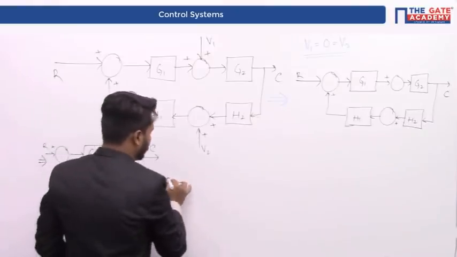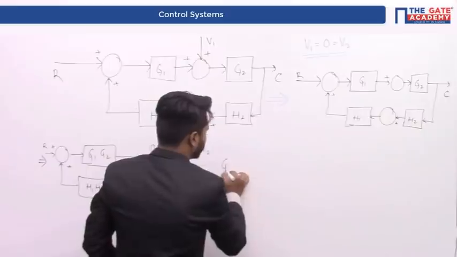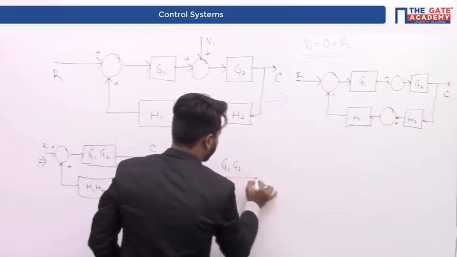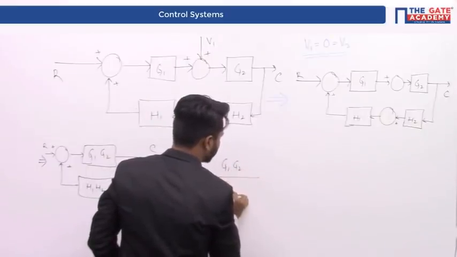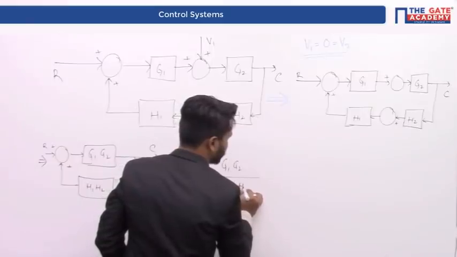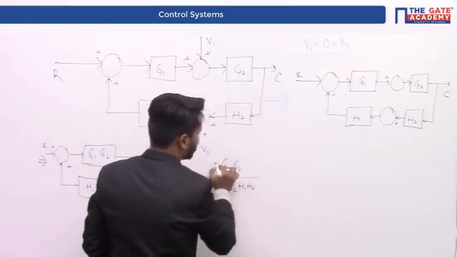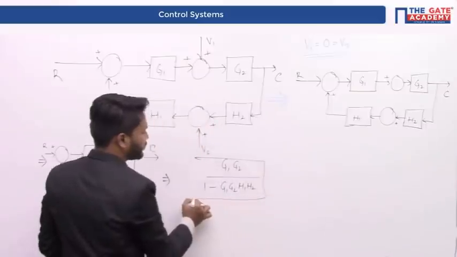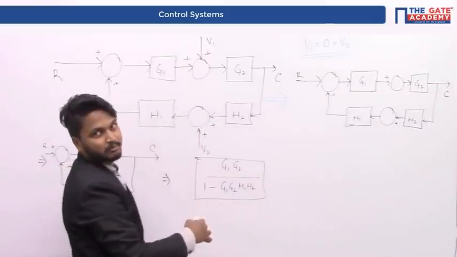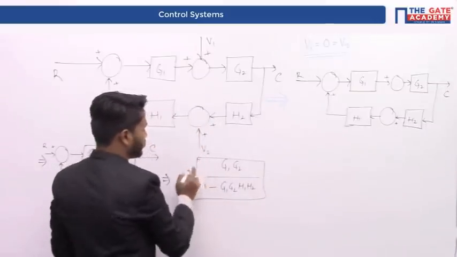So how can you reduce it? By using G1 G2 upon 1 minus G1 G2 H1 H2, just as you do for a simple positive feedback loop, that is G upon 1 minus GH.